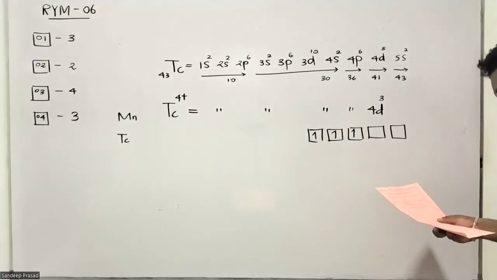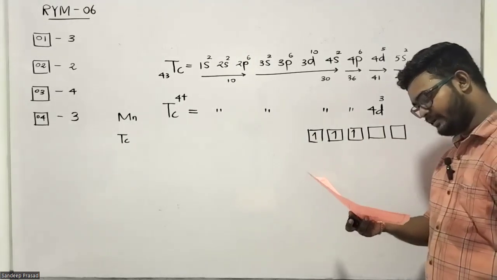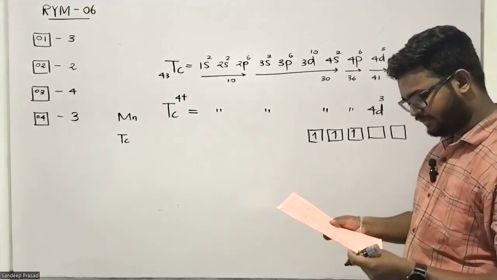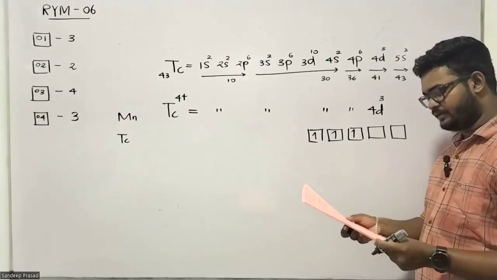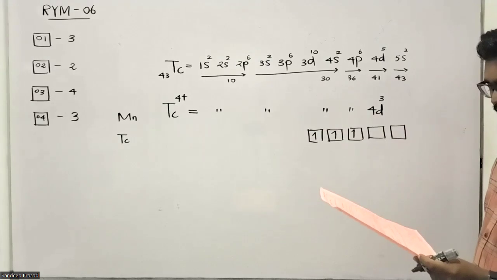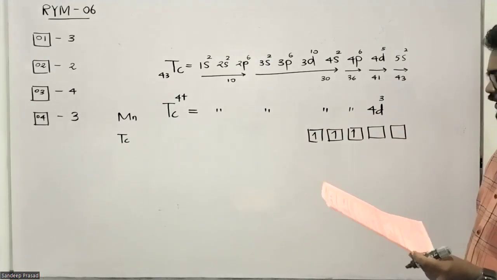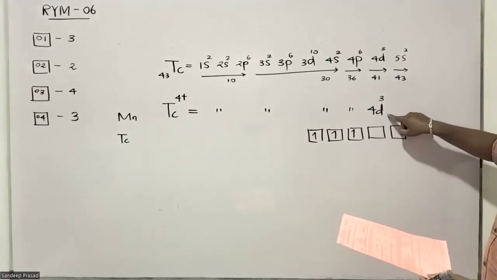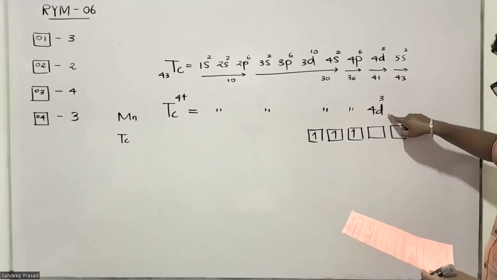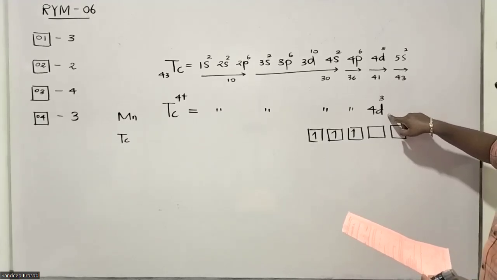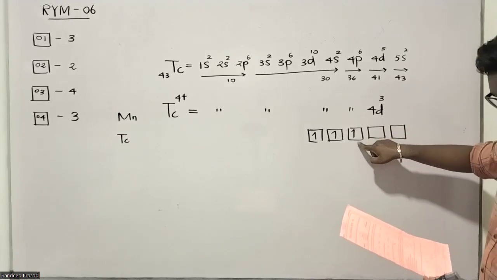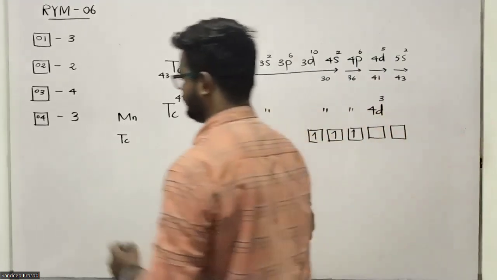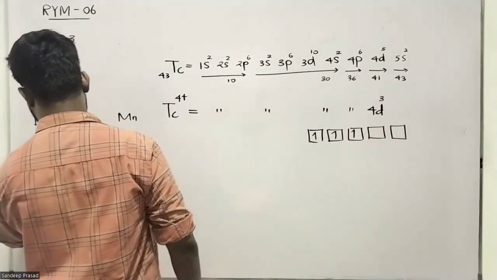So there are 3 unpaired electrons. They're asking the number of electrons in the last sub-energy level of the plus 4 cation formed from the element of atomic number 43. Students, the last sub-energy level is 4d. In the 4d sub-energy level, there are 3 electrons. Question number 5, answer is the third one. Very easy.